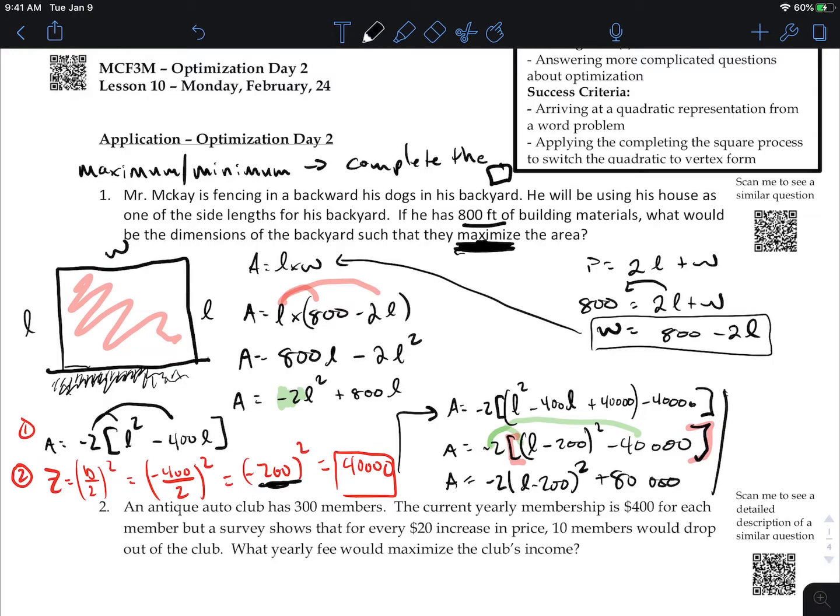At which point, sorry, you could say, okay, the vertex is 280, right? Which means the maximum area is 80,000 feet squared when the length equals 200, right?